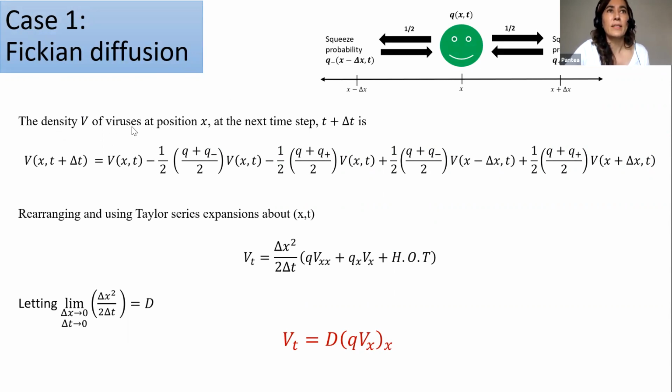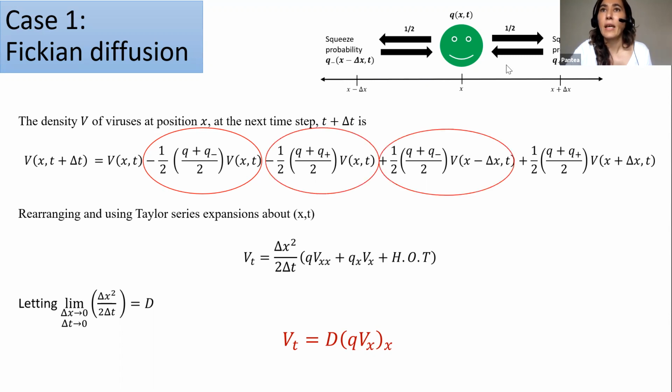The density V of viruses at position X at the next time step, t plus delta t, is going to be the viruses that are going to move to the left, the viruses that are going to move to the right, and the viruses that are going to come in from left and right.